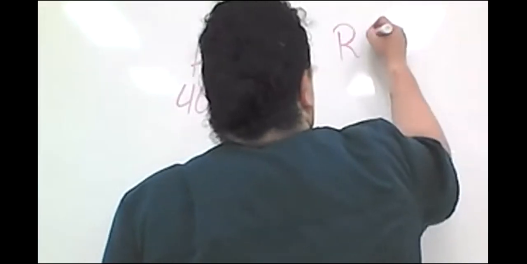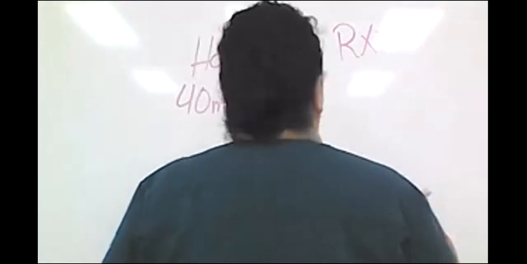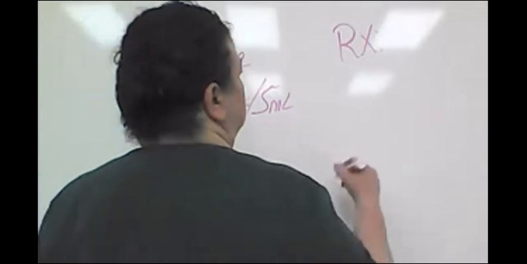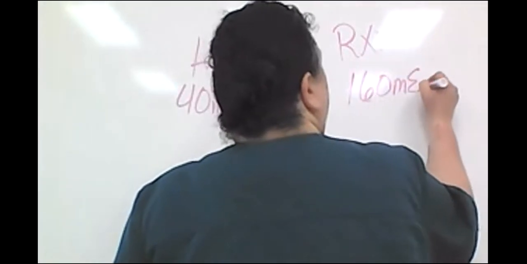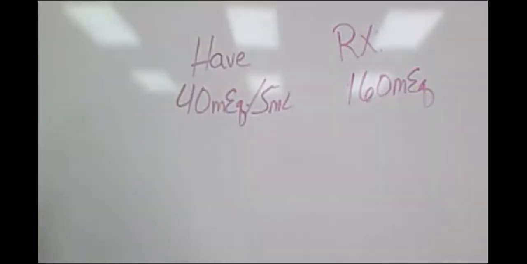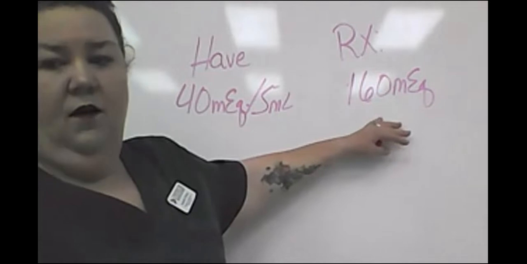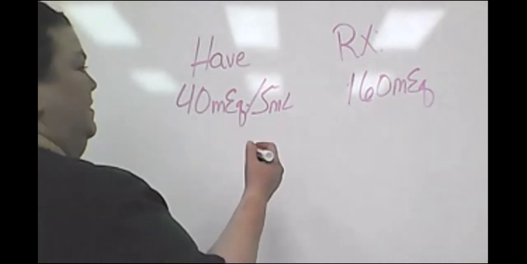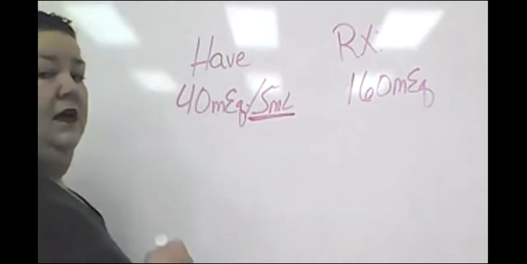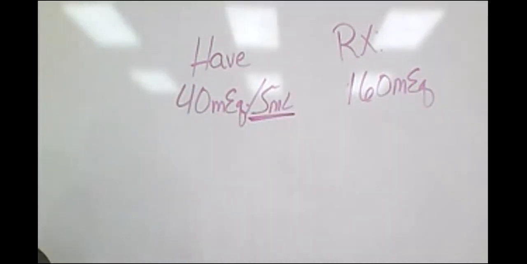But your RX order may be calling for 160 milliequivalents. So how many milliliters would I need now? Well, now I can no longer just take my 160 and divide it by my 40, because this is per 5 milliliters instead of per 1 milliliter.